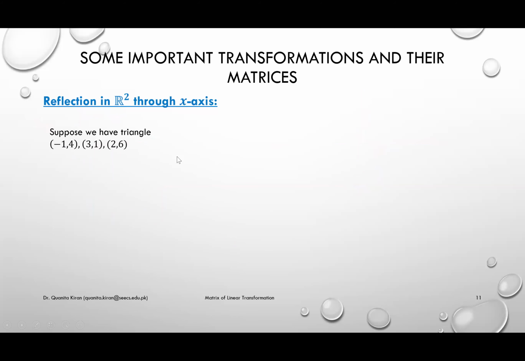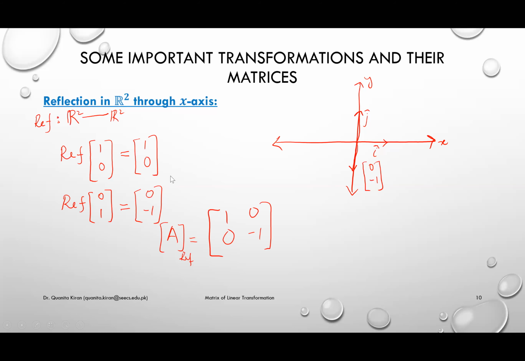Now suppose we have a triangle. So we can also determine the general formula of this reflection transformation. For example, if we apply A on some vector x, that is we apply [1, 0; 0, -1] on (x, y), then we get (x, -y).